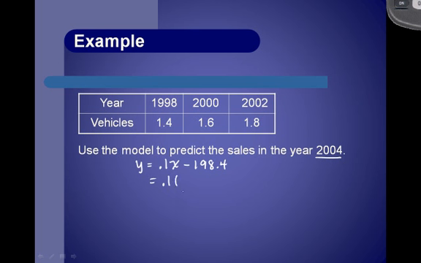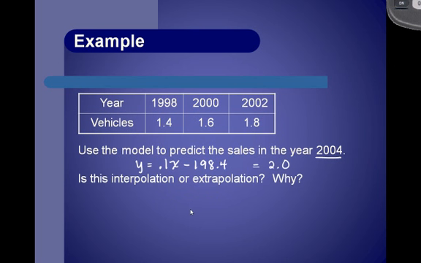So we get 0.1 times 2004 minus 198.4, which is equal to 200.4 minus 198.4, which is 2.0, which says that in the year 2004 there would be 2.0 for these sales. Is this interpolation or extrapolation, and why? Well, because 2004 is an extension of the data that's already given, it is extrapolation.